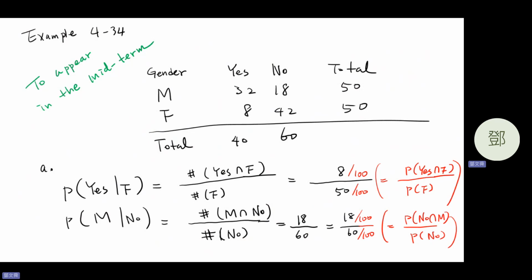Understand? But if you divide both by 100, then it is the probability of yes intersection F divided by the probability of F. So you finish the calculation. I'm not calculating it for you because our time is so limited.